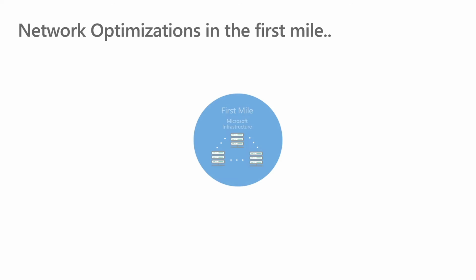So let me walk you through some of the optimizations we've been up to in the first mile. But before I get into the details, I want to set some context with a tough challenge that the engineering team ran up against as part of our optimization process. SharePoint is a pretty unique service because we have a varied traffic mix showing up on our boxes all the time.